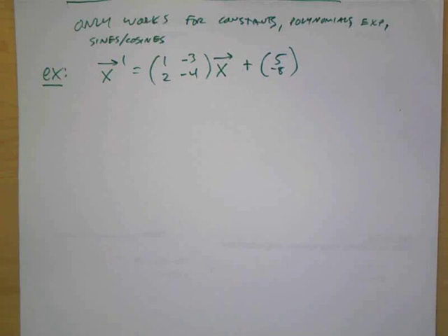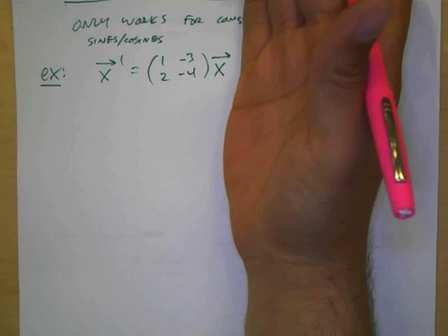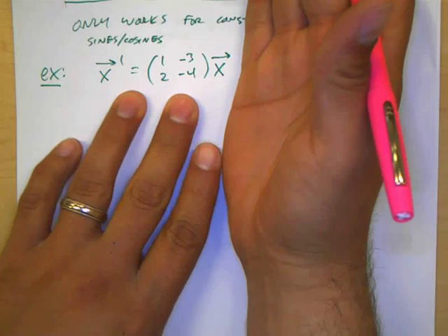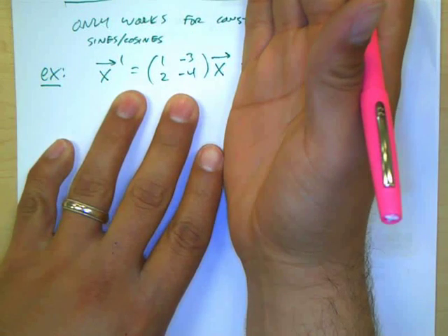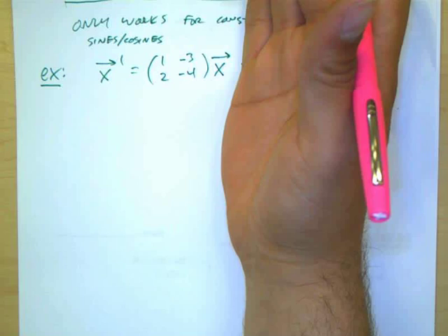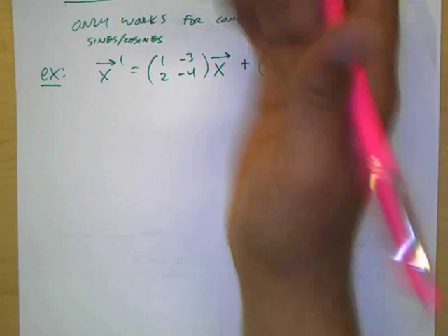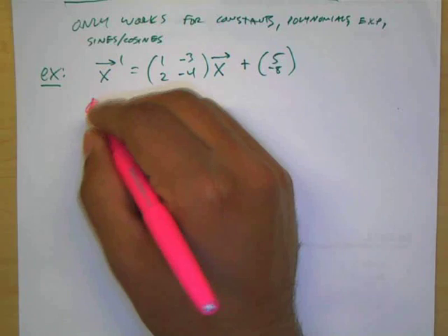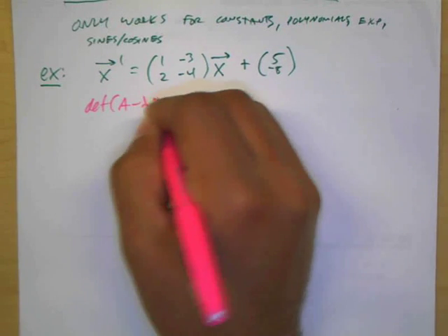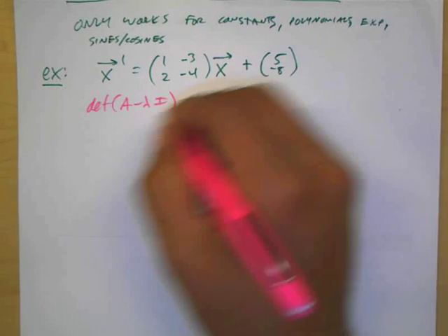So the first part is basically to ignore the fact that we have that f of t and solve the homogeneous version of the system first. So that means find the characteristic equation, and that'll help us find the eigenvalues.